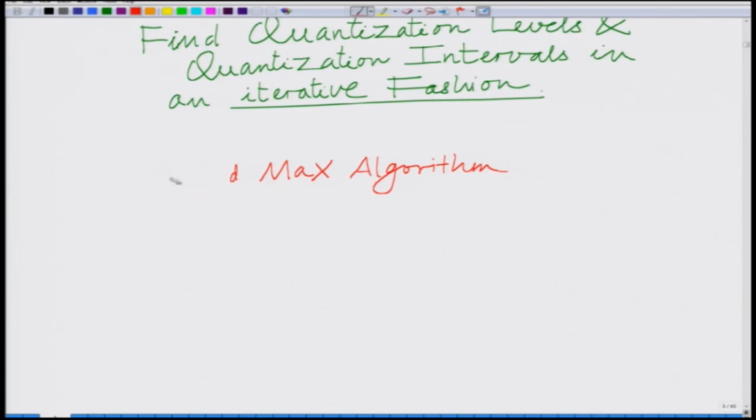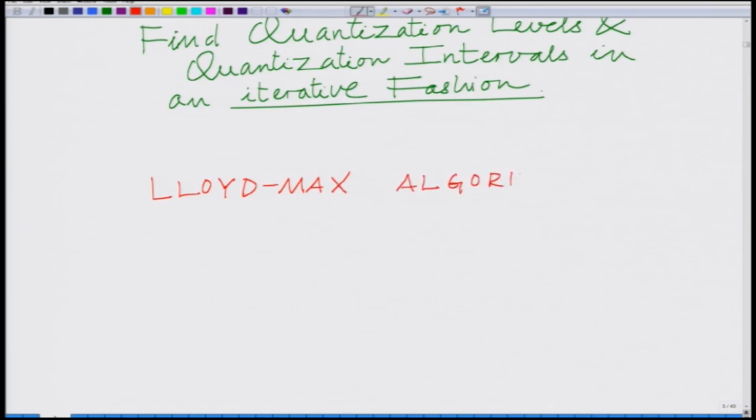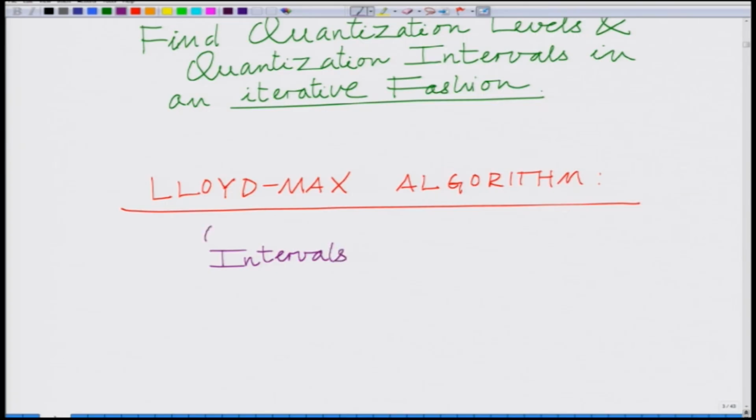So, in summary, in the Lloyd Max algorithm, given the intervals, we will find the levels.